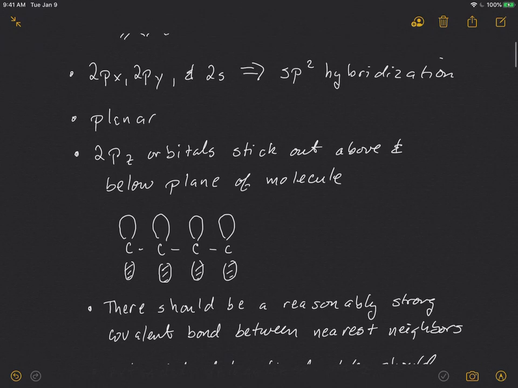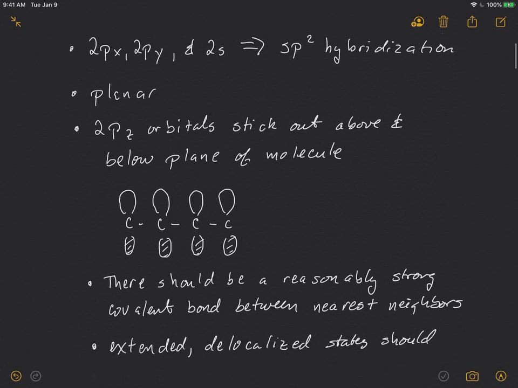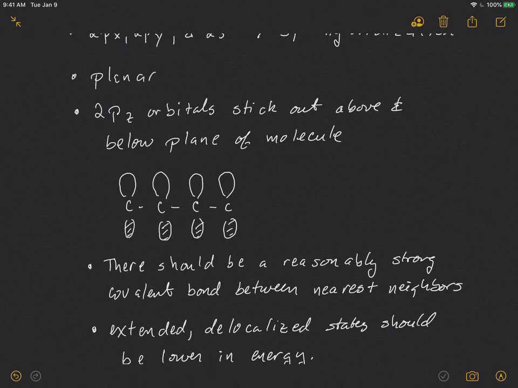That said, we think that primarily the stabilization is occurring between nearest neighbor carbon atoms. And then there's this question of, if we have multiple of these states lined up, can we form some sort of collective overall delocalized molecular orbital, and is that going to affect the energy of the system?